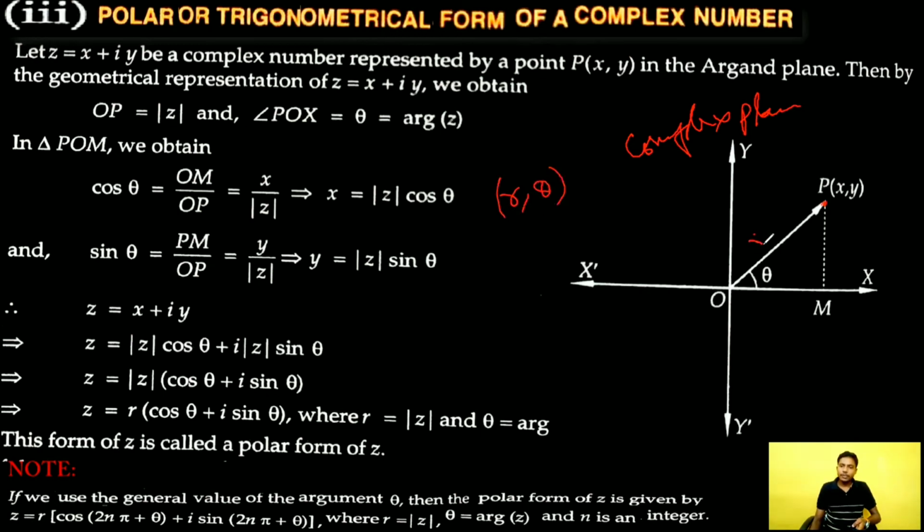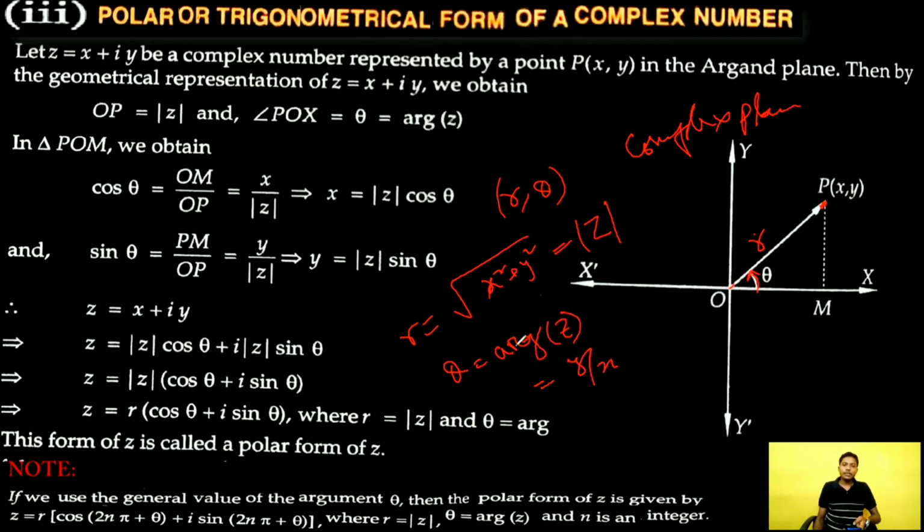R means the distance between point O and point P. So r is equal to root over x square plus y square, which is mod z. And theta is the angle made by OP with the positive direction of the x-axis in the anti-clockwise sense. Theta is equal to the argument of z, which is tan inverse of y by x.